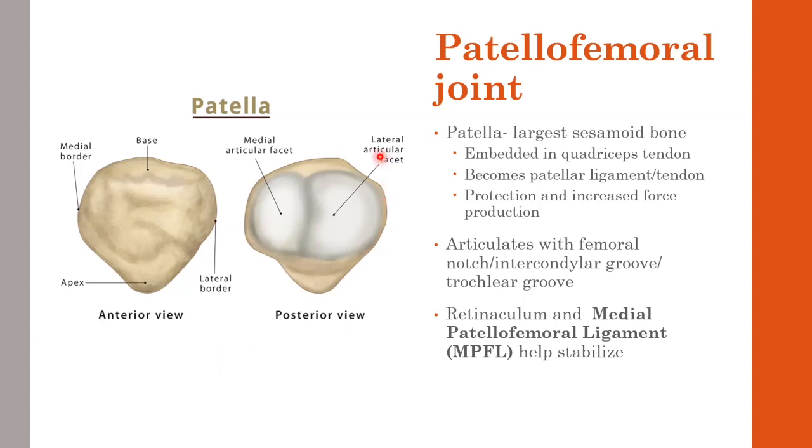Our quad muscles essentially indirectly attach to the patella, and through the patella, the official attachment site will be the tibial tuberosity. And it is done that way via the patella ligament. The presence of this patella bone increases the mechanical advantage the quadriceps has in extending the knee.